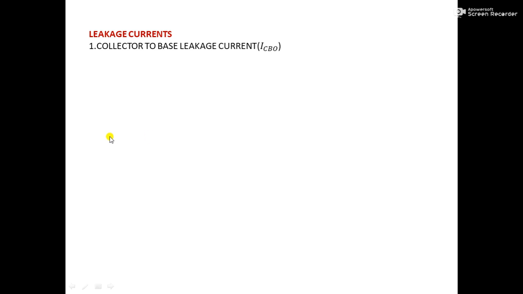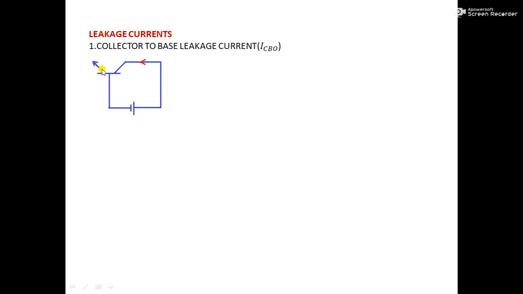Now the leakage current. First, collector to base leakage current, ICBO. So this is the required diagram when the emitter is open circuited and the collector base junction is reverse biased. So the emitter is open circuited and the collector base junction is reverse biased.